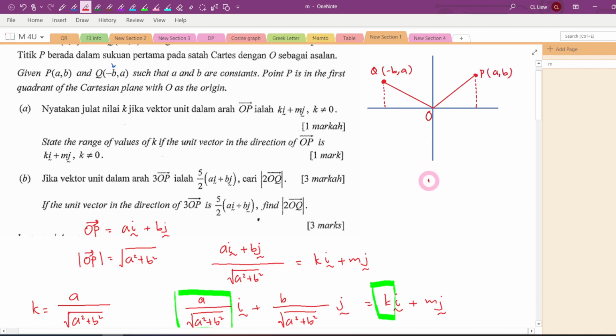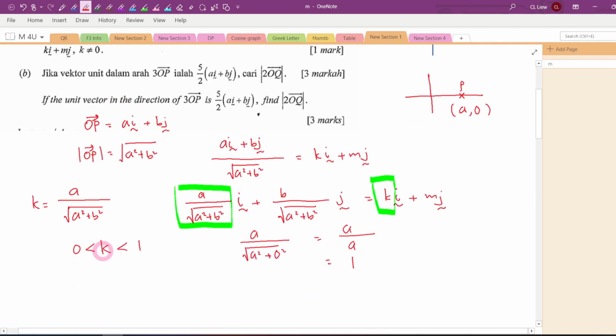If b, which is the y-coordinate of point P, is equal to 0, this means that point P is on the x-axis, and we cannot say that point P is in the first quadrant. So in my opinion, the answer is k is greater than 0 and less than 1, cannot equal 1. Okay, now let's look at part B.